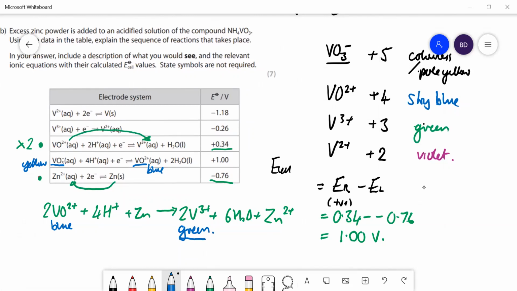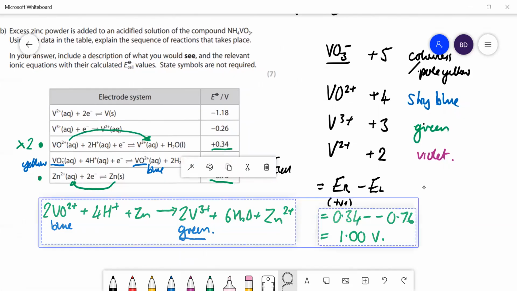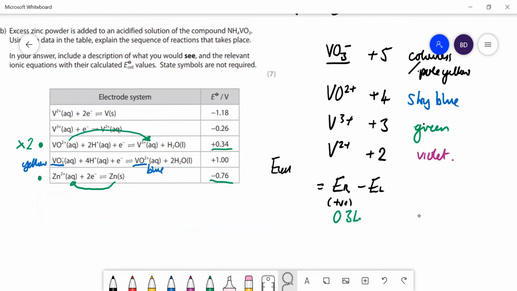We'll see now. So just clear some space. Right, so we've now got this VO2 plus, V3 plus formed. We've now got the V3 plus, but let's have a look at the half equations. You can see again, we've got V3 plus up here.